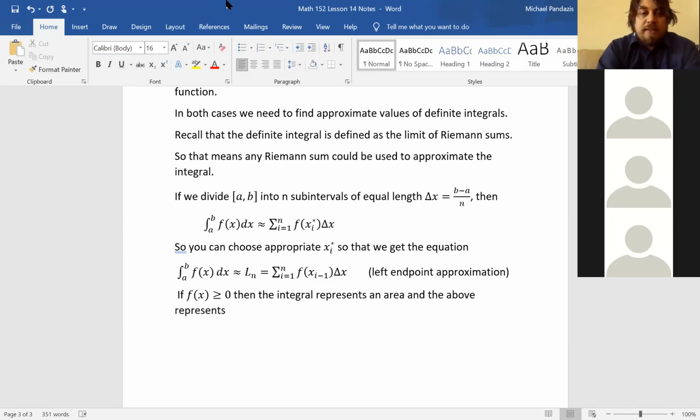Okay, so I'm going to call this 1. And by above, I mean 1. The above 1 represents an approximation of this area.